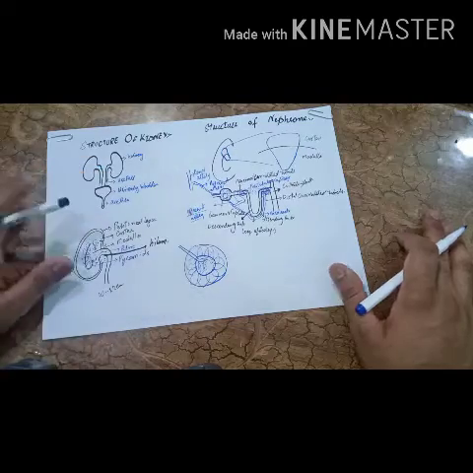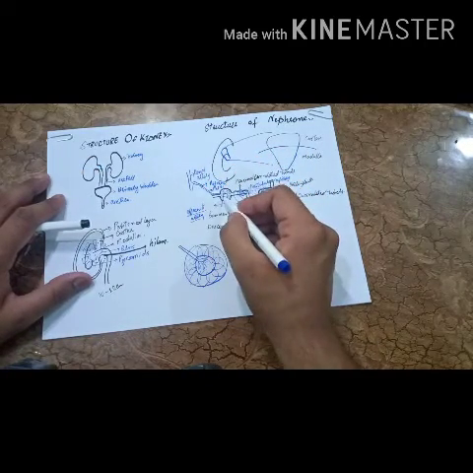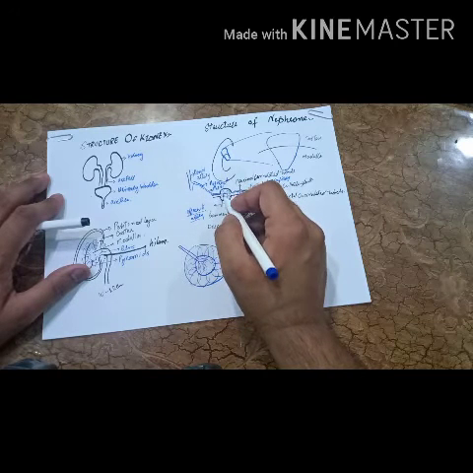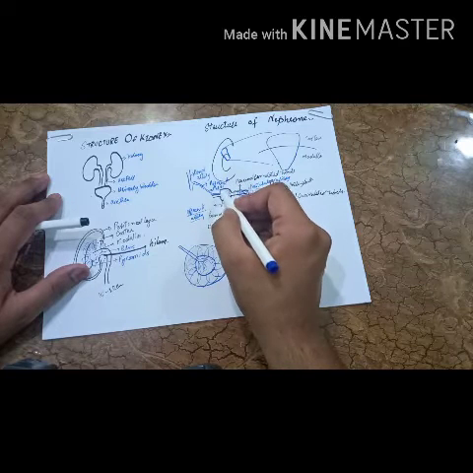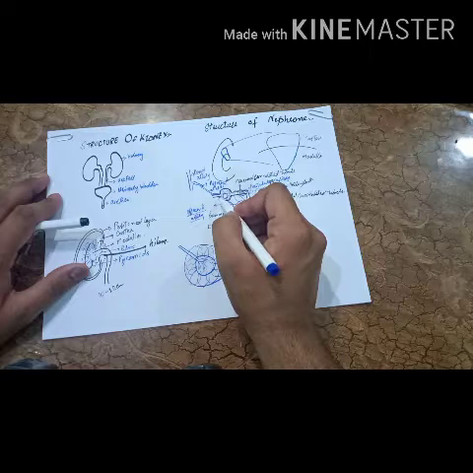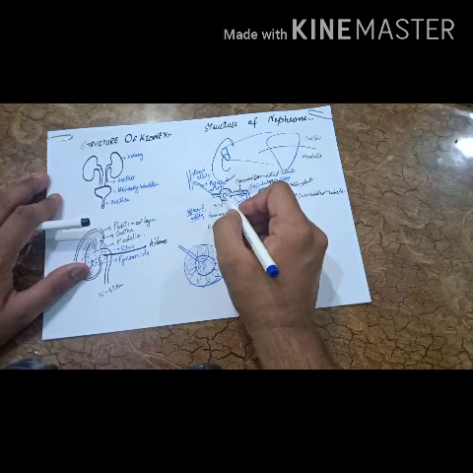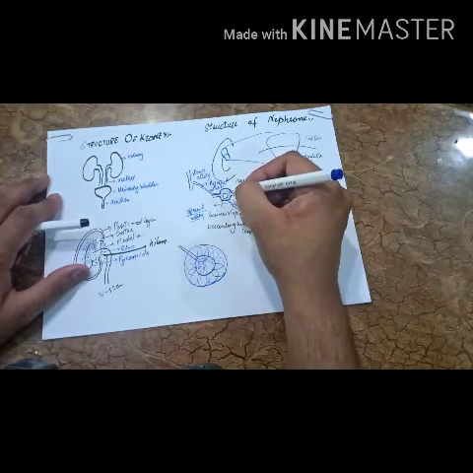Renal artery brings the unfiltered blood into the Bowman's capsule through the afferent artery. Because of the hydrostatic pressure, all the substances in the blood except blood proteins and RBCs, रेड ब्लड कॉर्पसेल्स, ठीक है, और WBCs के अलावा सारी चीज़ें इंटर हो जाएंगी किसके अंदर, Bowman's कैप्सूल के अंदर.